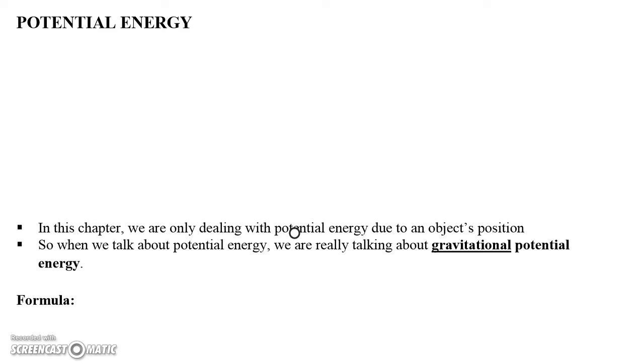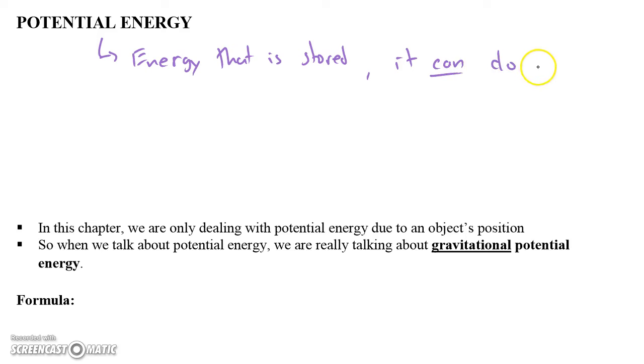Potential energy is any energy that is stored. Another way you can think about it is that it doesn't mean it is doing work, but it has the potential to do work. So there's something stored in it somehow.